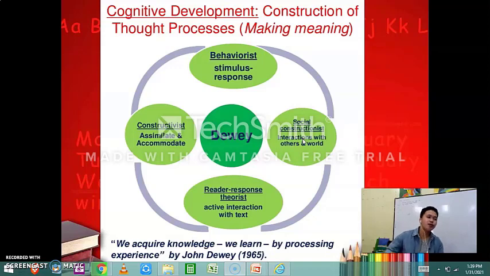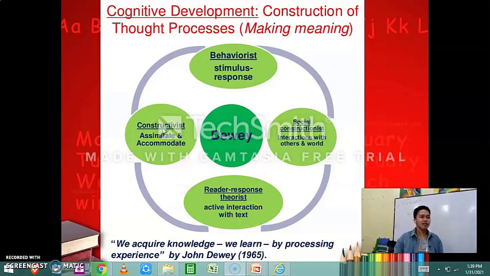And also, reader response theory. Ano ba ang reader response theory? So it's an interaction inside a text. So when you read, of course, you put applications based doon sa mga nabasa mo, and then you apply it.